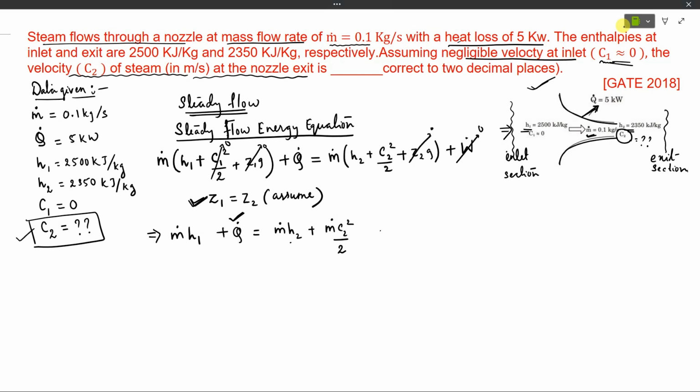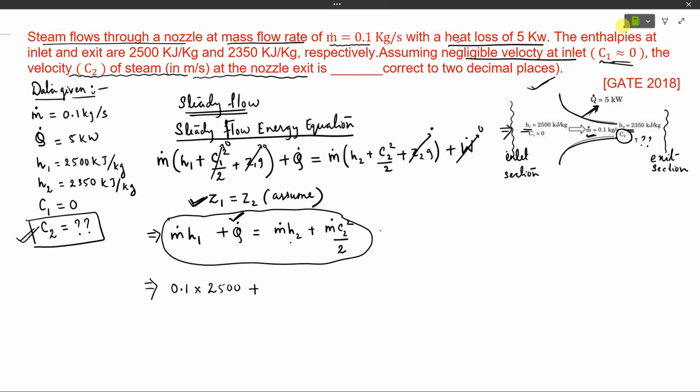Let's put all the magnitudes in this equation. We consider m dot as 0.1 into enthalpy 2500 plus q dot.